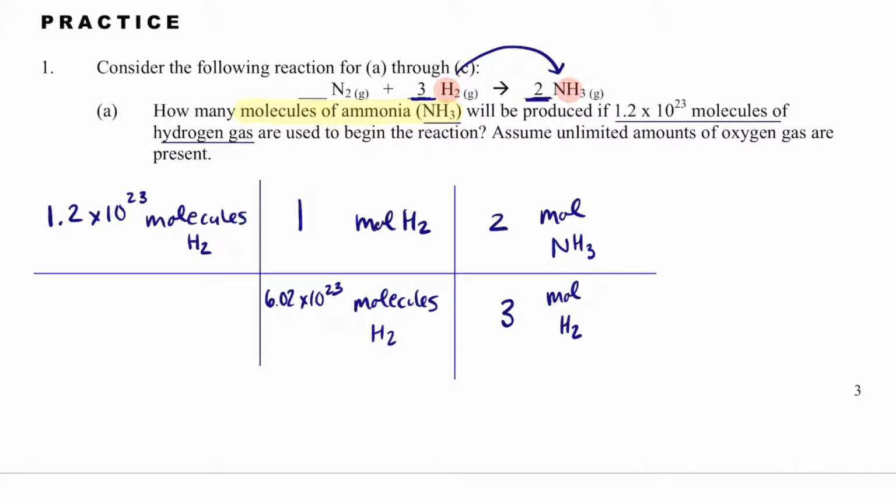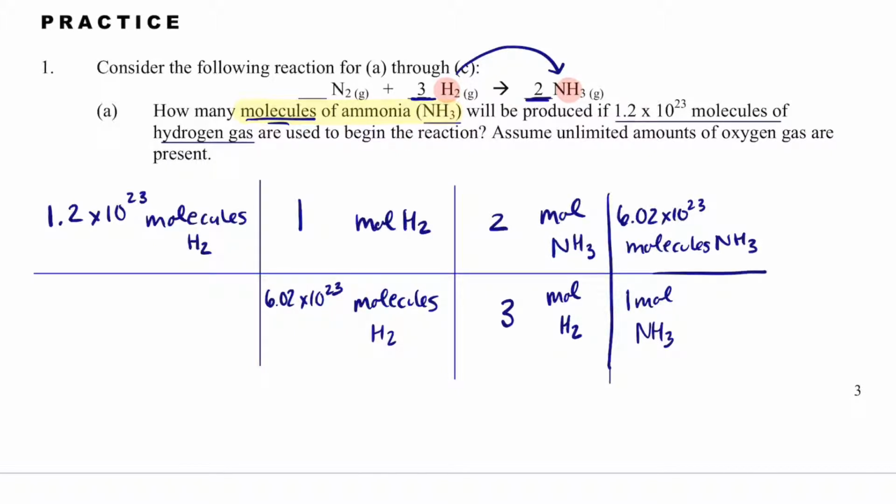But what the problem asks for is molecules of NH3, so I'm going to go one step further. I'm going to say that in 1 mole of NH3, there are 6.02 times 10 to the 23rd molecules of NH3. And I can math that out.